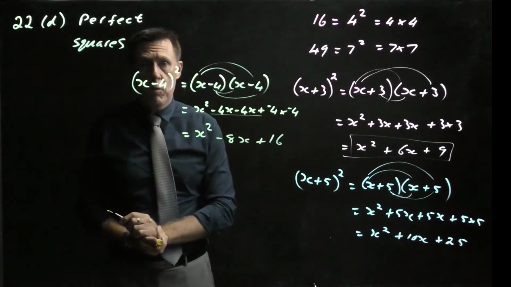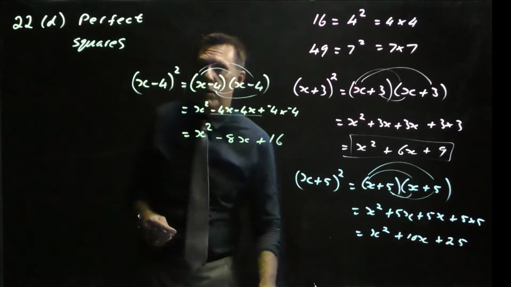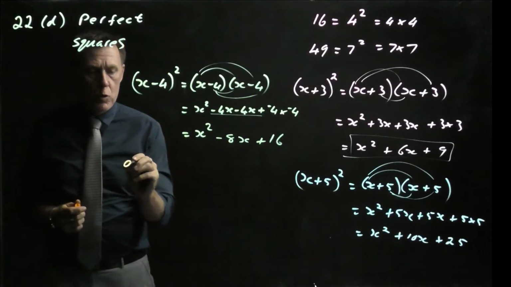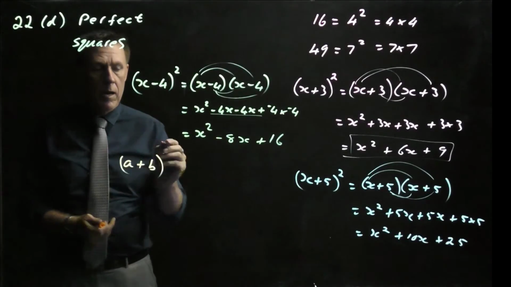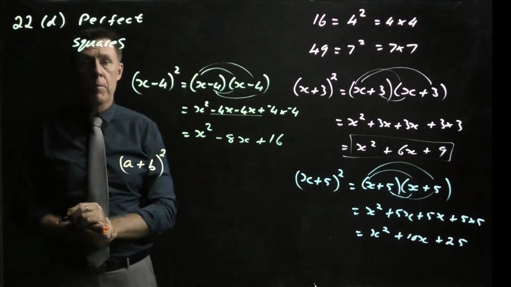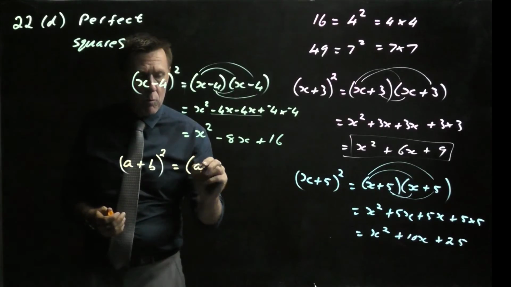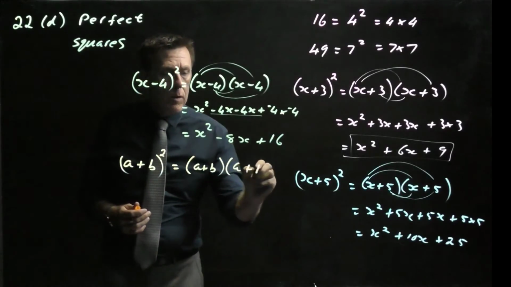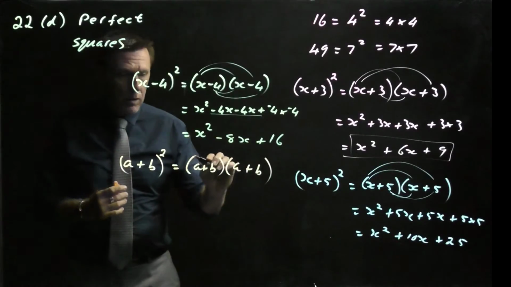Another perfect square quadratic. So there is a pattern happening here that you need to be able to do. And the pattern is as follows. If I've got two particular values inside a bracket like this, and the bracket is being squared, writing it out longhand, it's whatever the number is, which in this case is a plus b, times by itself. Do the FOIL method. First, outside, inside, last.